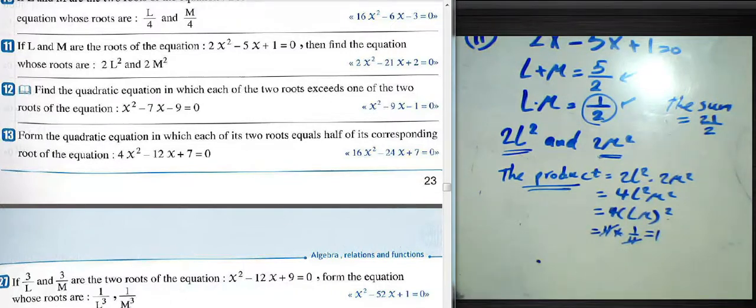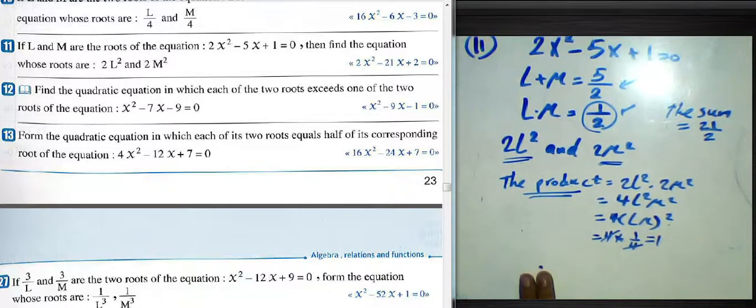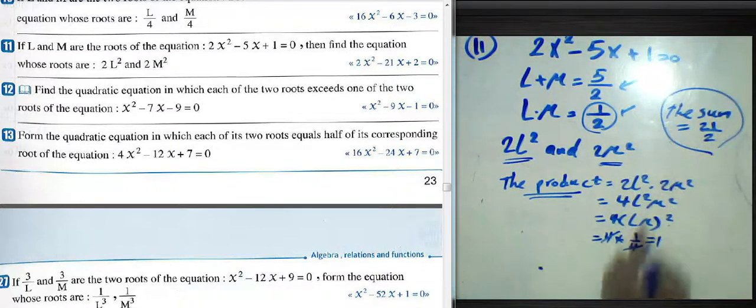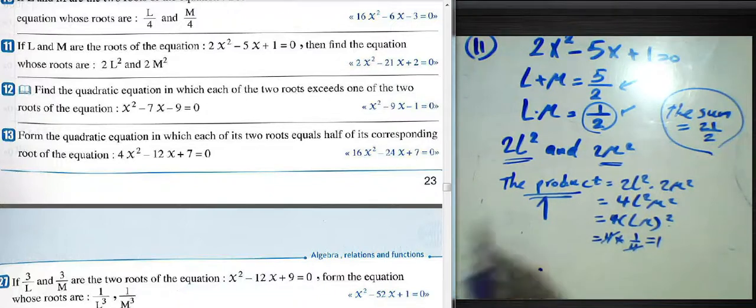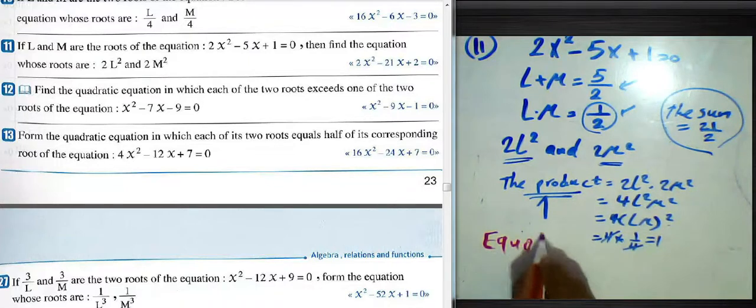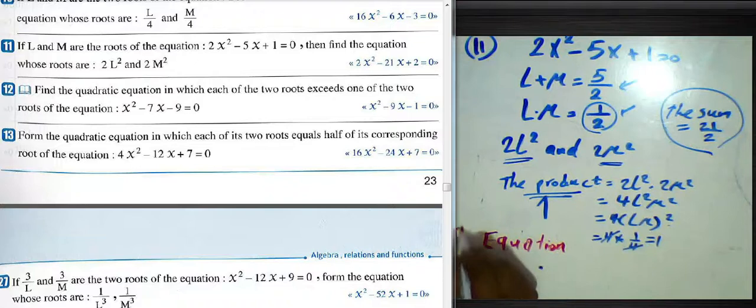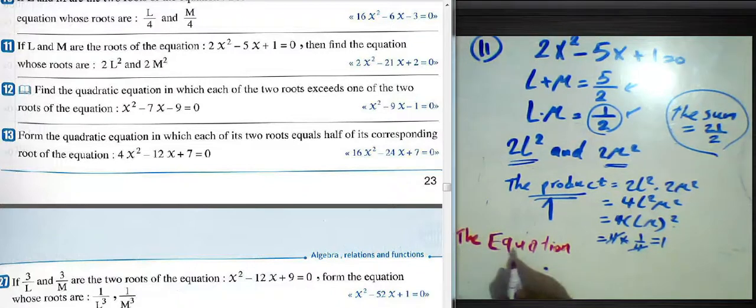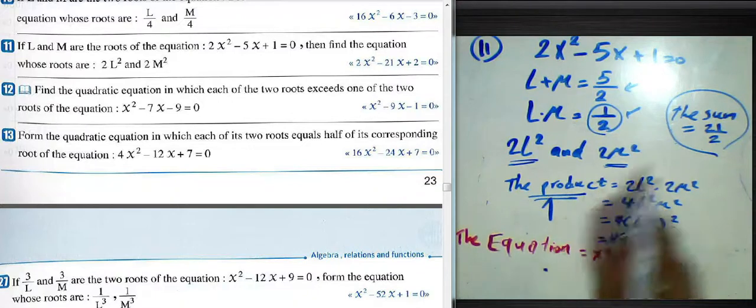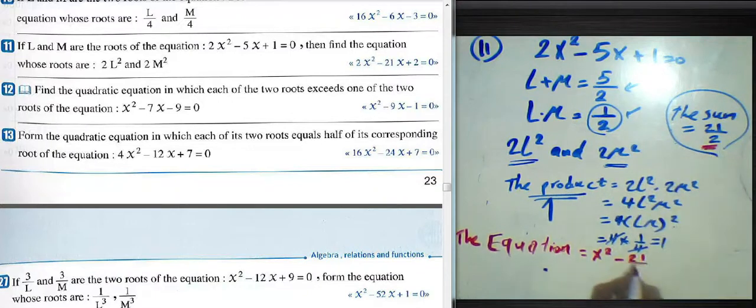So we can write the equation. It's easy for you because we have the sum and the product. The product was 1. So the equation will be x² subtract the sum 21/2 multiplied by x plus the product 1 equals 0.